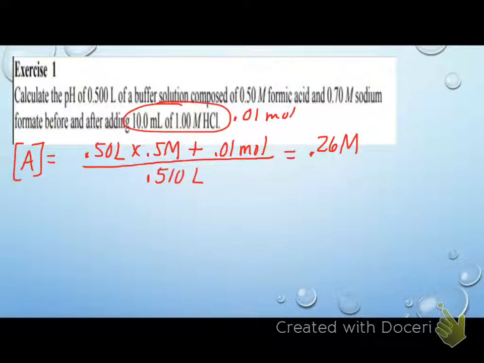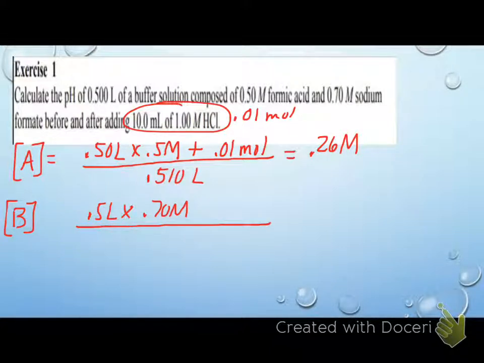Okay? Now for my base, I'm going to have that 0.5 liters times 0.70 moles. Now what do I need to do with that 0.01 mole of acid? Subtract. Why is that? Because for my base, it's going to subtract out however much I added, because they're going to react together and form water.